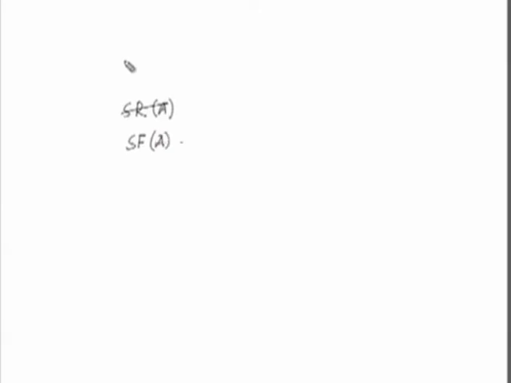So, SF_A represents the surface finish obtainable by mechanism A, and SF_B is the surface finish obtainable by mechanism B.